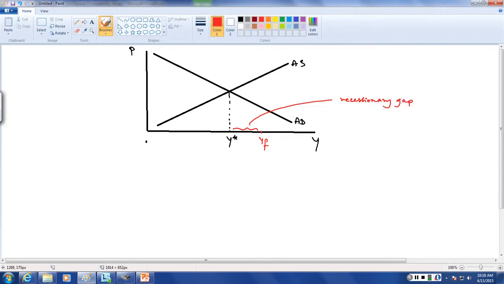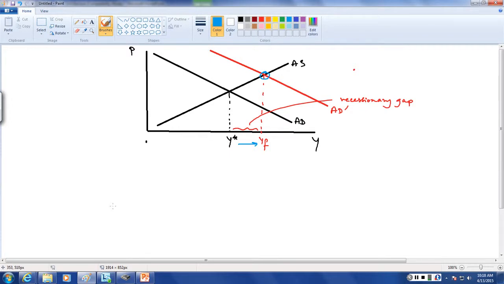And we know that in order to eliminate this recession, the AD curve has to be shifted. And it has to be shifted where? The AD curve has to be shifted all the way here. Is that correct? So if the AD curve was shifted to the right like that, there would be a new equilibrium right here, and then equilibrium GDP will basically equal potential GDP.